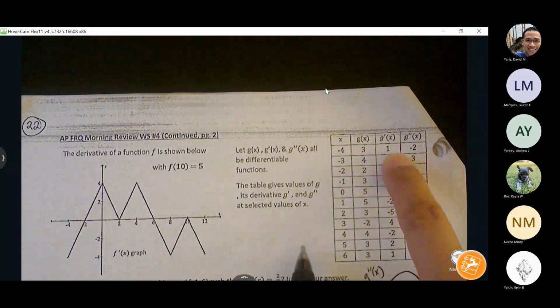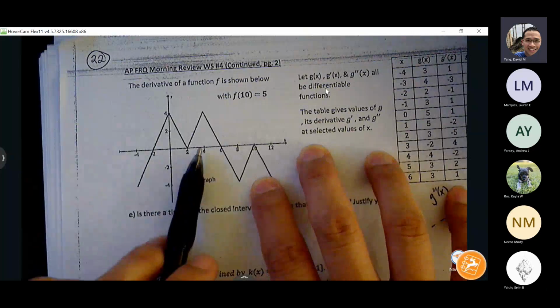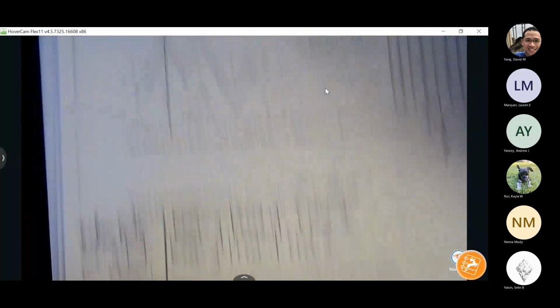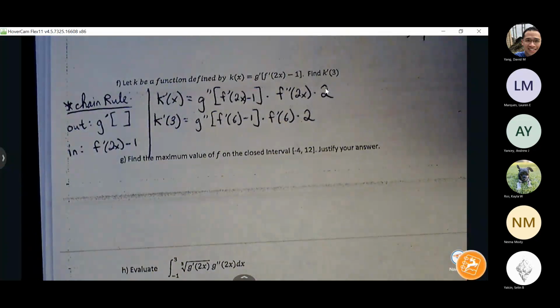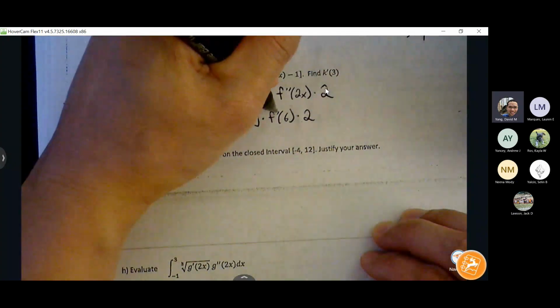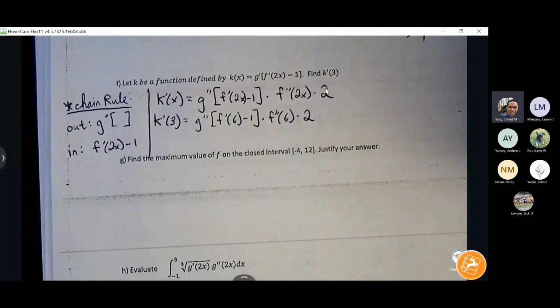So F prime of 6, we go to our graph. Okay, it's going to be 0. Sorry, this F prime here. So F prime of 6 is 0.